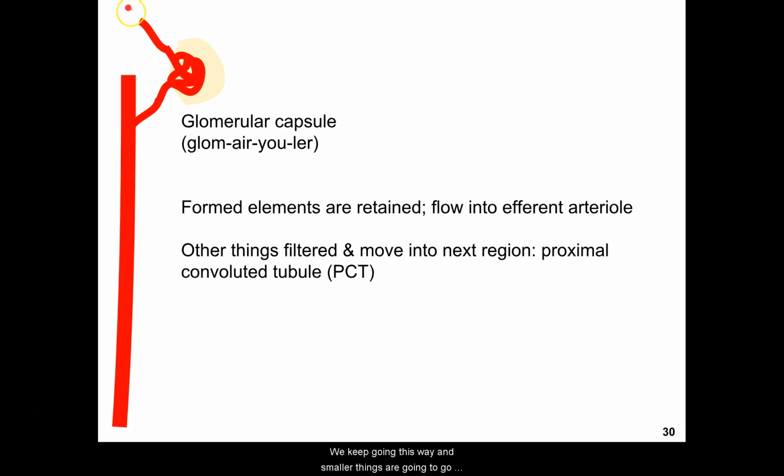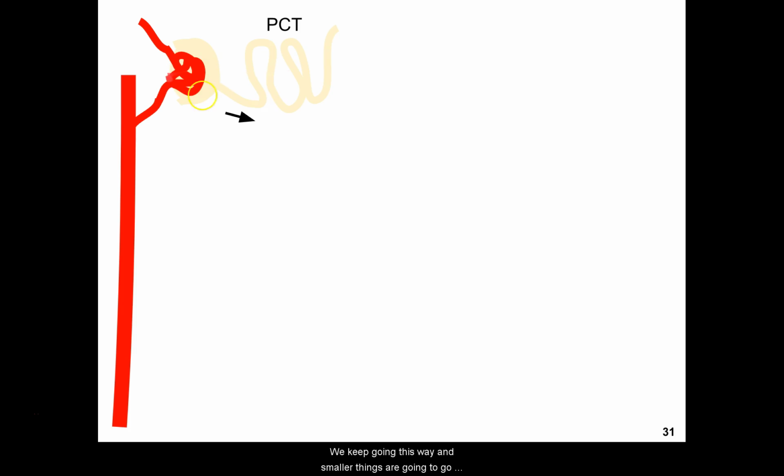They keep going this way. And smaller things are going to go this way, up the PCT. And you can probably see why it's called convoluted tubule, because it takes a very convoluted path.